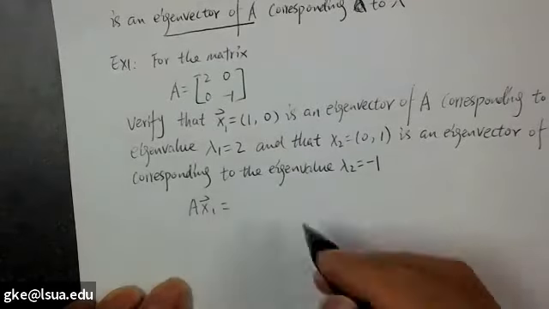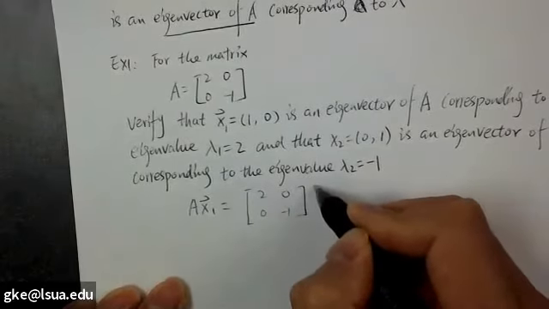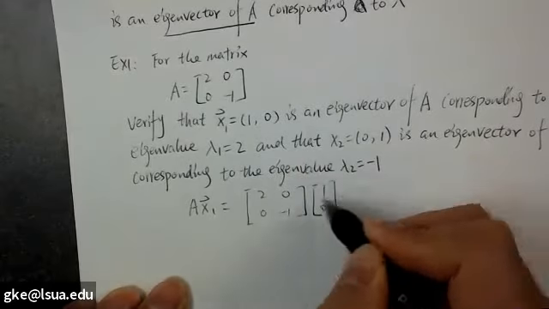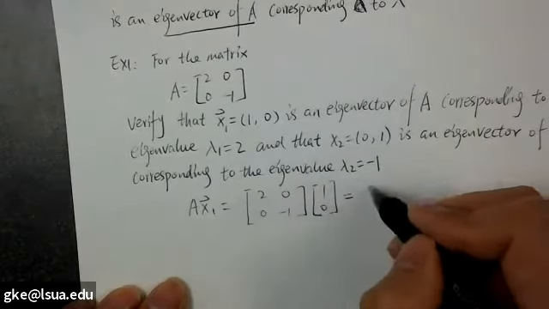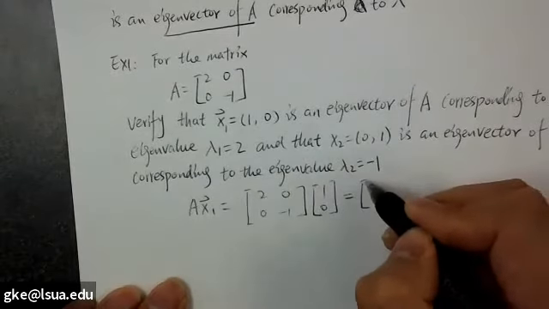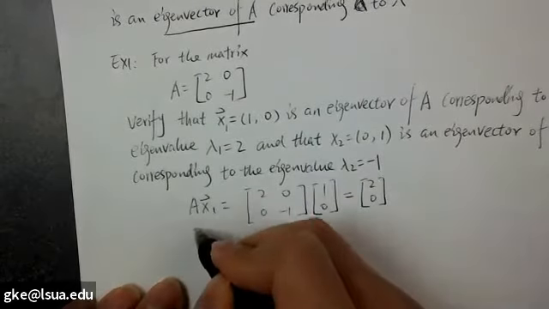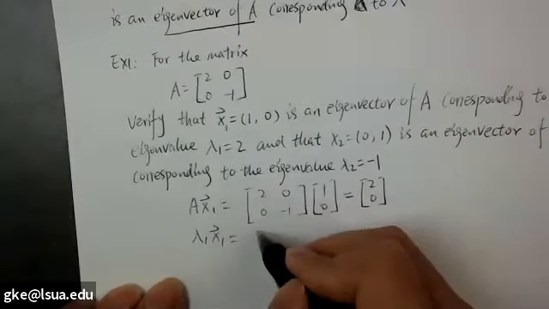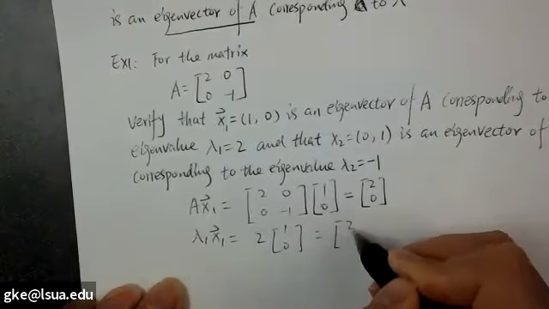A x1 is [2, 0; 0, -1] times x1. x1 can be written in matrix form, and we get (2, 0). And lambda 1 x1, where lambda 1 is 2, is also (2, 0).